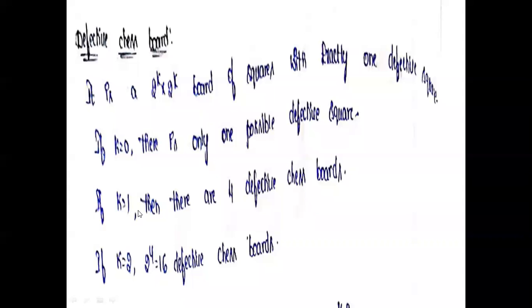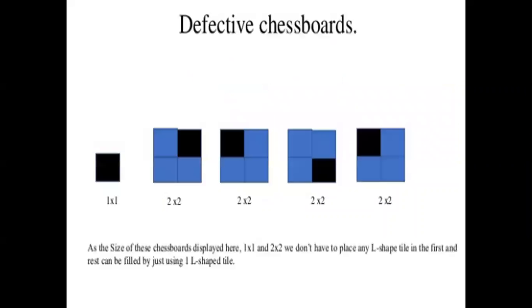If k equals 1, there are four possible defective squares. It could be the first square or the second square. K equals 1 means a 2 by 2 chessboard, that is two rows and two columns, so four squares.